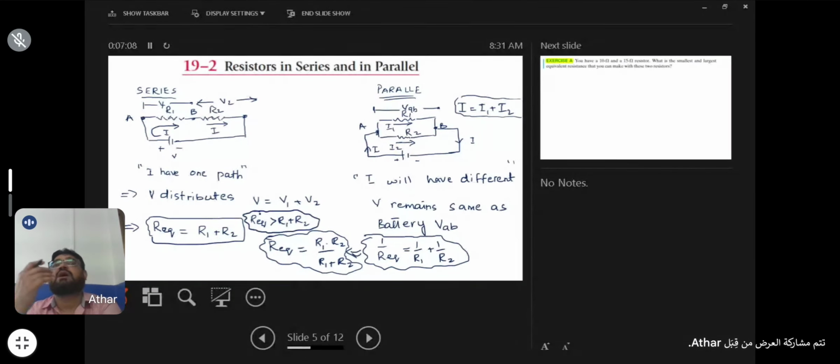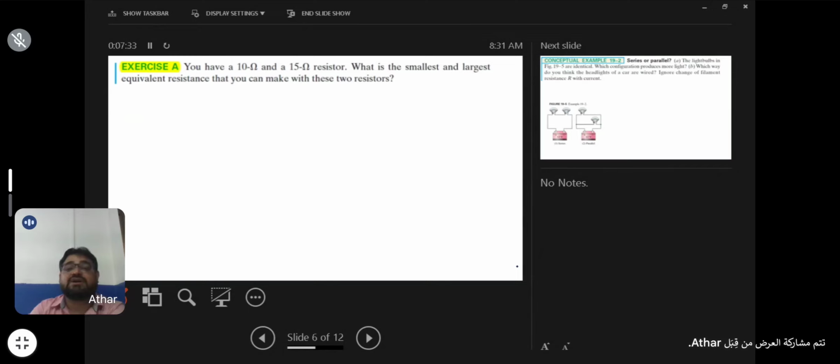R equivalent will give you answer R1 plus R2 or equal to R1 plus R2. But in parallel, R equivalent will be less than R1 and also less than R2. So this is something that you have to remember, that it will be lesser than R1 and it will be lesser than R2. Let us go to practice how this works.